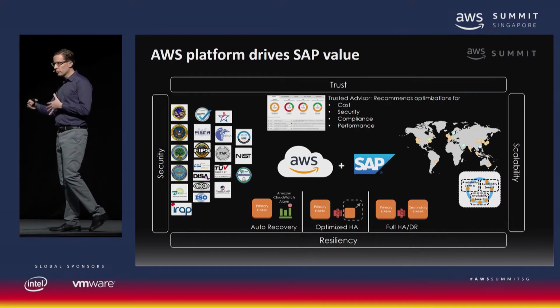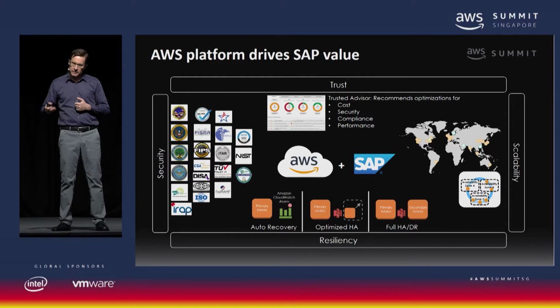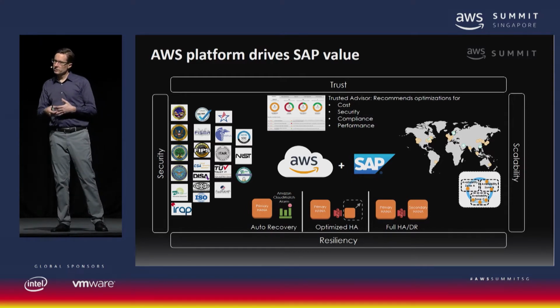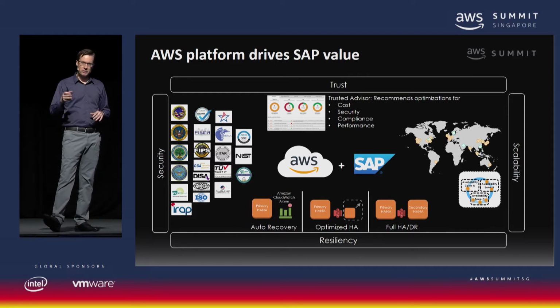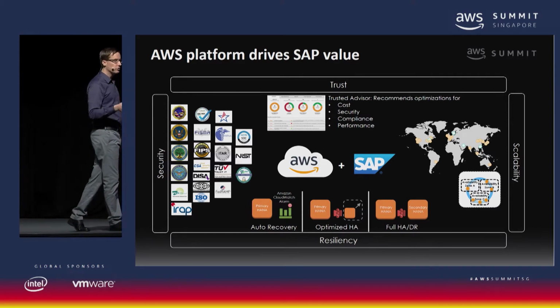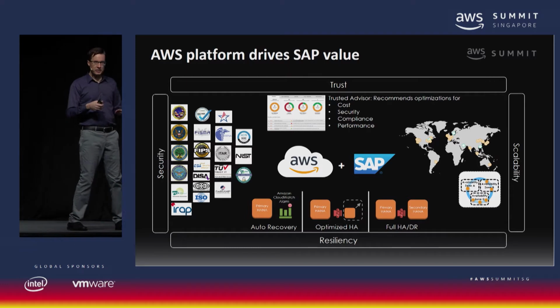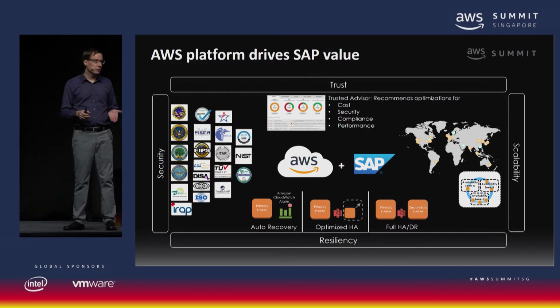So let's say you are running something in a little bit less of a best practices kind of way, this automated recommendation engine will come up and tell you, You can do this, you can save money, you can reduce unutilized capacity. So it adds a lot of efficiency to your environment. Also in terms of resiliency. There are several different types of HA and DR models that customers will typically look at on AWS.